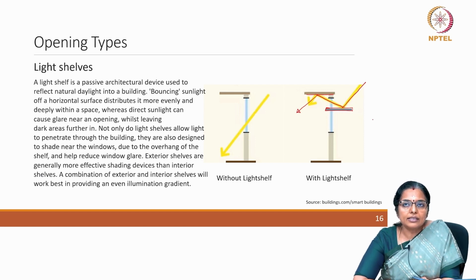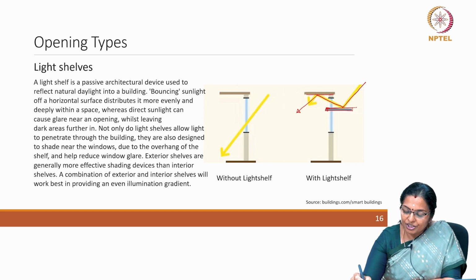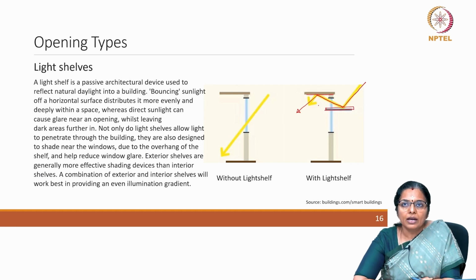And this light bounces off this light shelf which has a reflective coating on it. Direct sunlight can cause glare near an opening, and it also leaves dark areas further in. But light shelves allow light to penetrate through the building.